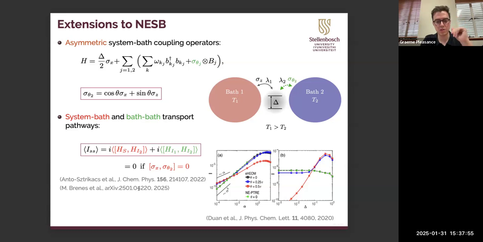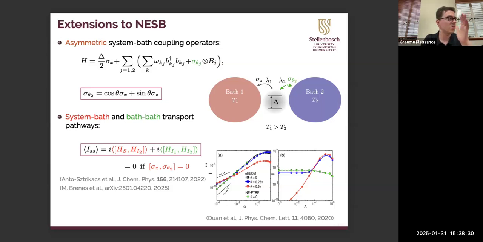This type of situation was explored in these two papers, one of which appeared on the arXiv only a few weeks ago. In this paper, these two figures illustrate the characteristics of the heat transport that depends on these two different pathways. In this figure A, this alpha parameter is essentially the lambda parameter that I introduced in the previous slide, so it modulates the interaction strength with each of the reservoirs.